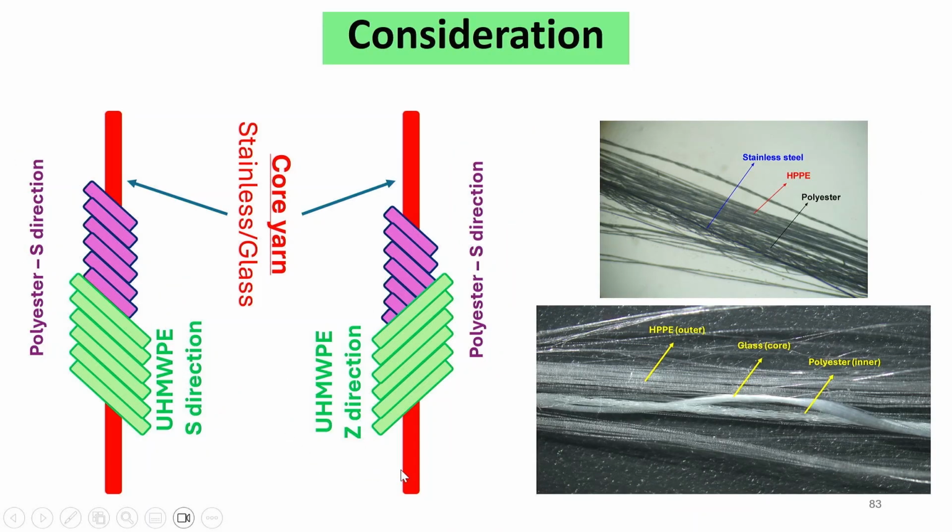With microscopic analysis we can see clearly the presence of stainless steel at the core, high performance polyethylene at the outer layer and polyester in between.